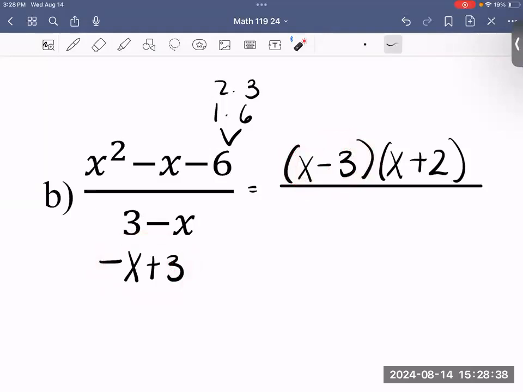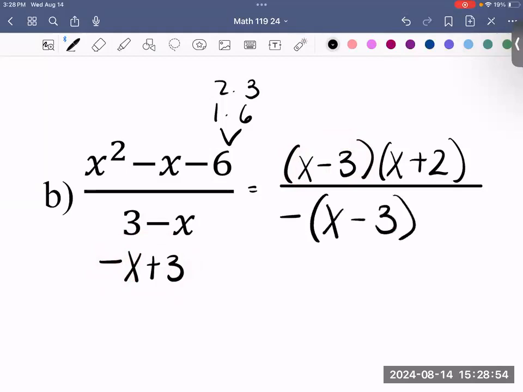In addition, a lot of your instructors in the future might not like you to have this negative leading coefficient, so they might even have you factor out the negative anyways. So factoring out the negative, we have a negative on the outside, and changing all of your signs will then provide you with the same exact parentheses on top as you do on the bottom. So in which case we're able to cancel.